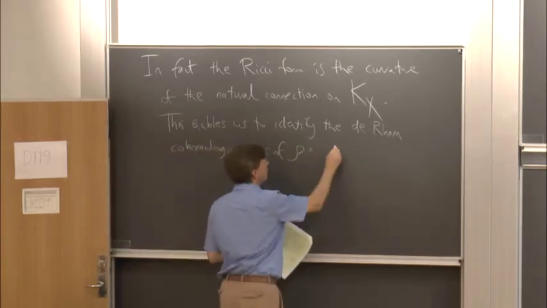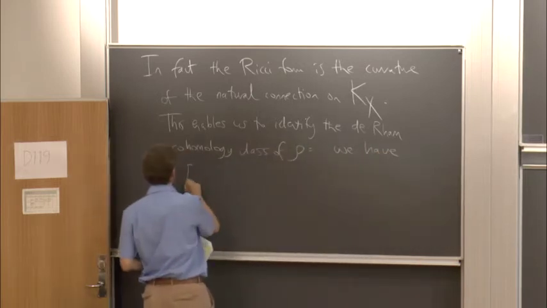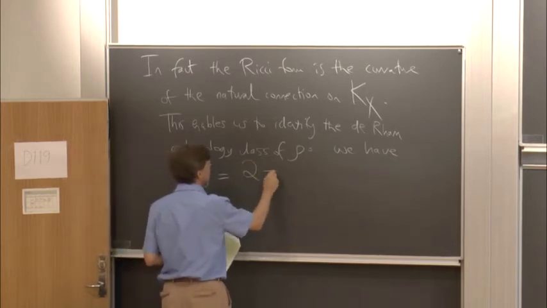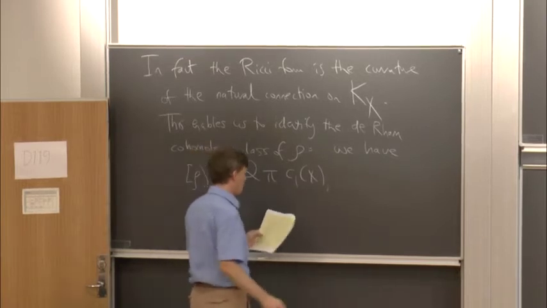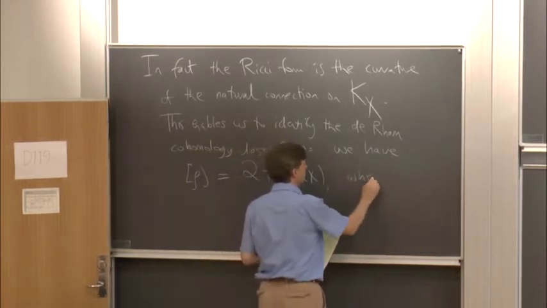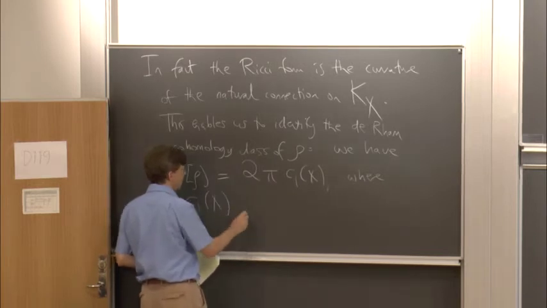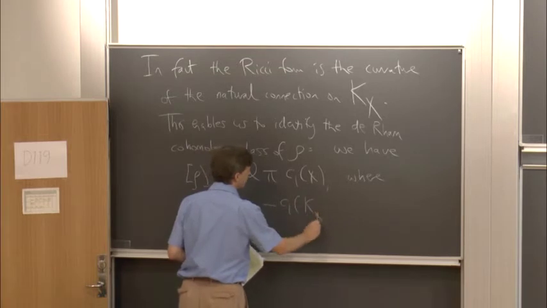So we have the bracket of rho is 2 times pi times C1 of X, where C1 of X is actually minus C1 of K_X.